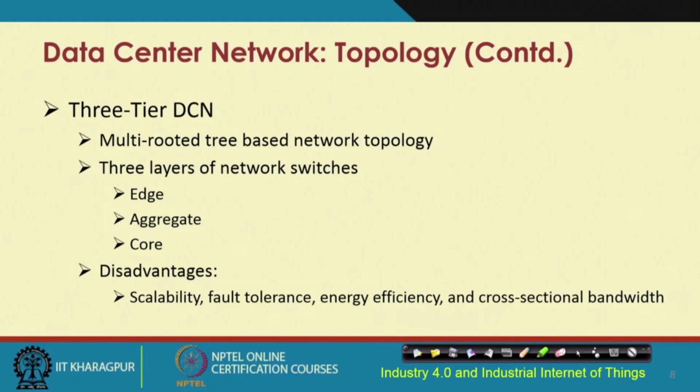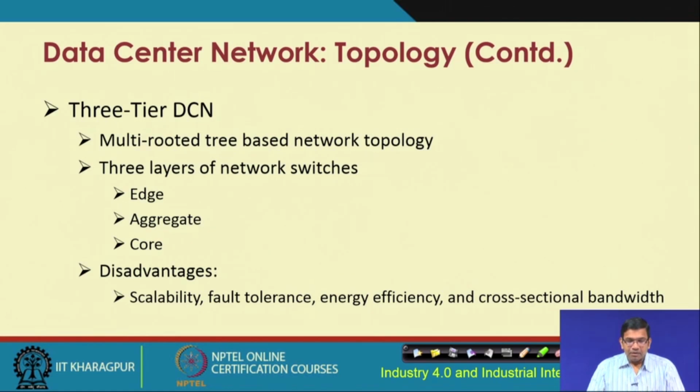There are different layers of network switches, core, aggregate and edge, and there are different disadvantages also listed over here: scalability, fault tolerance, energy efficiency and cross sectional bandwidth. These are some of the limitations of the 3-tier DCN. We are not going to elaborate on these disadvantages, rather let us use our time to understand the other network topologies that are supported in the DCN.